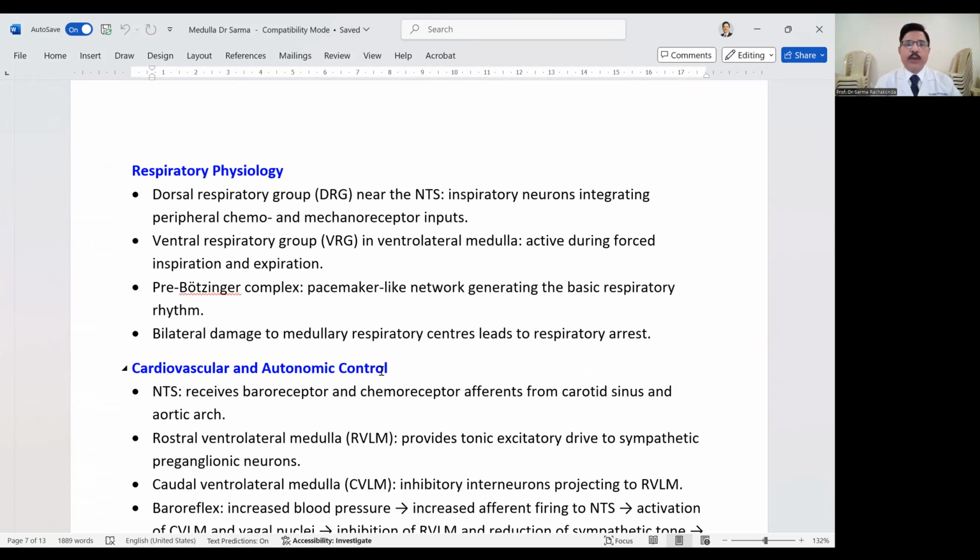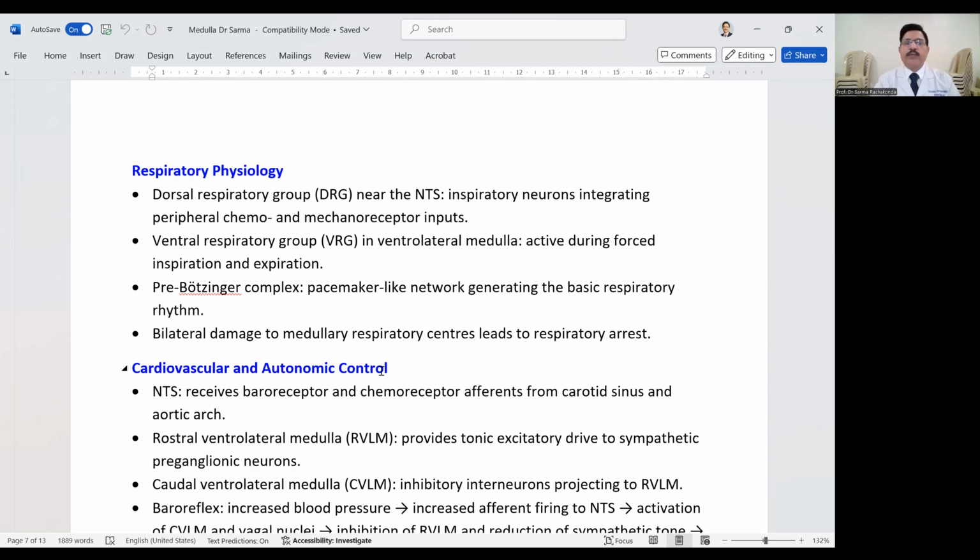Ventral respiratory group, VRG, in the ventrolateral medulla, active during forced inspiration and expiration. Dorsal respiratory group is for regular triggering of respiration. If you want to take a deep breath or exhale forcefully, you require the ventral respiratory group. And there is also the Pre-Bötzinger complex, a pacemaker-like network generating the basic respiratory rhythm.